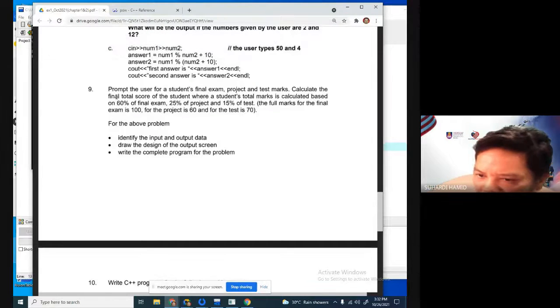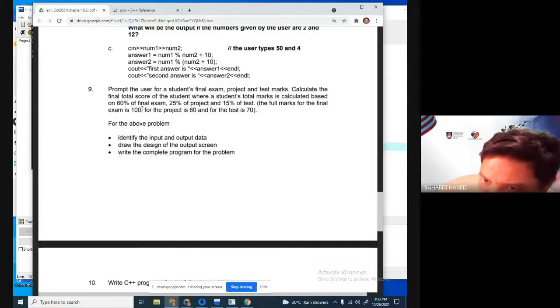When you answer final exam, you get 100%. The total is 60. Final exam carries 60% towards the total grade. Project, 25%. And test, 15%. The full marks for the final exam is 100.